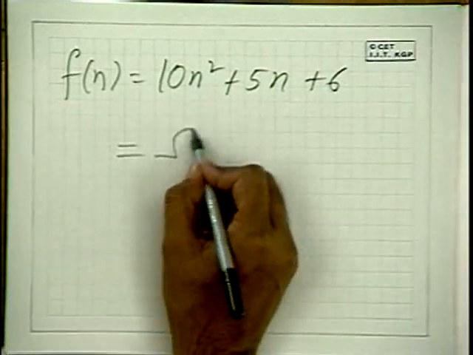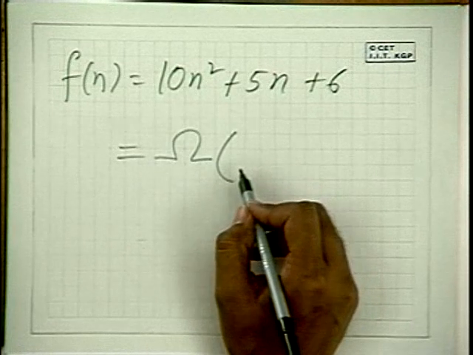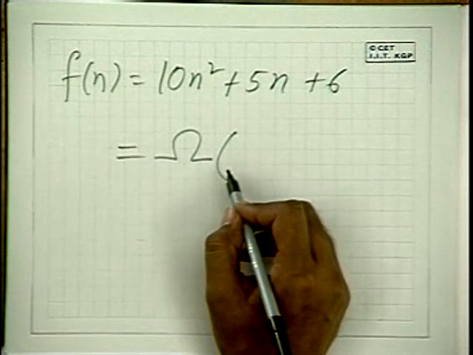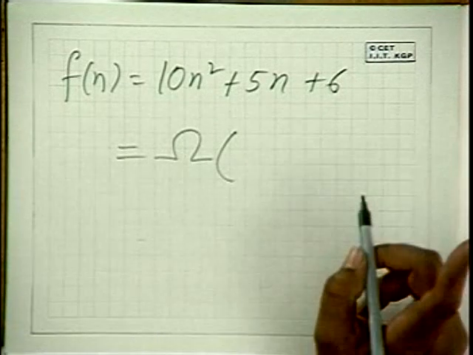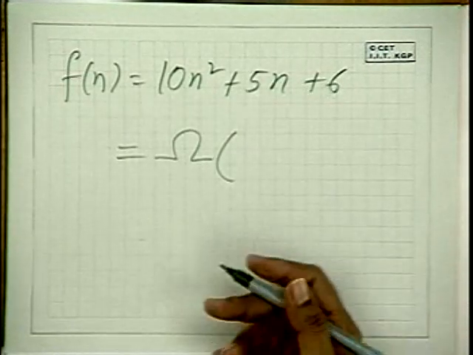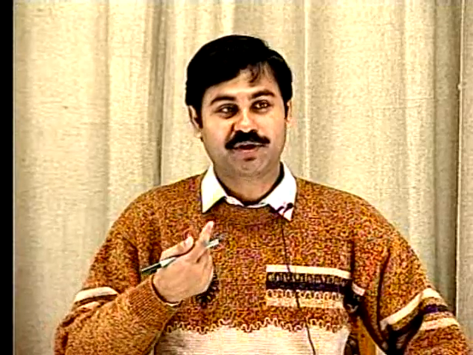Can I claim that this is omega of what? What would you say now, n or n squared? Which will you prefer? This is now just the opposite. You will try to choose not the lowest but the highest one, because you are trying to find a lower bound. You should fit your graph from below, so it should be as high as possible. In the previous case, we were trying to fit the graph of f(n) from above, so you were trying to find one as low as possible. So instead of saying omega n, if somebody says this is omega n squared, that's a better answer.